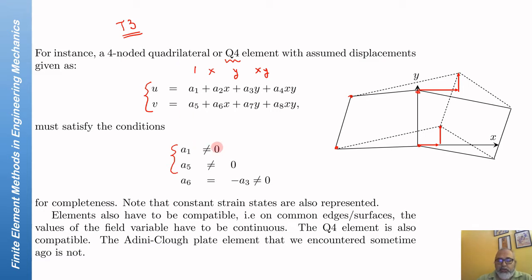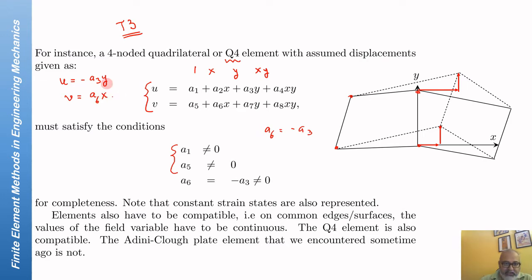Also, to have rigid body displacements, A6 and A3 must be negative of each other. So A6 must be equal to minus A3, because for a rigid body rotation, U would be minus A3y, and V would be A6x.